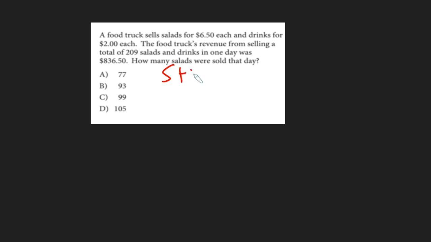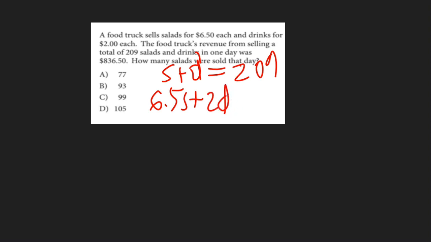So salad plus drinks equals 209, because that's the total number of salads and drinks that are sold that day. And so 6.5 times S plus 2 times D equals 836.50.